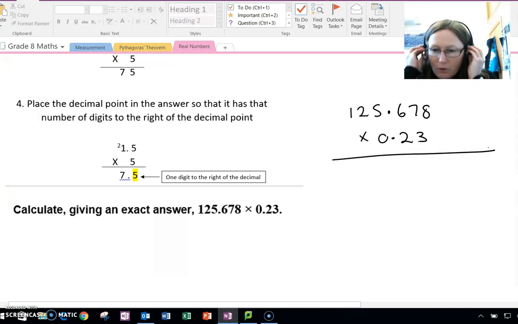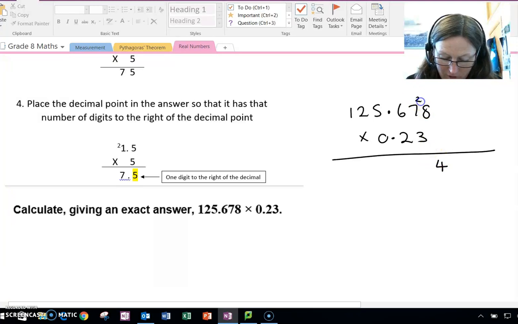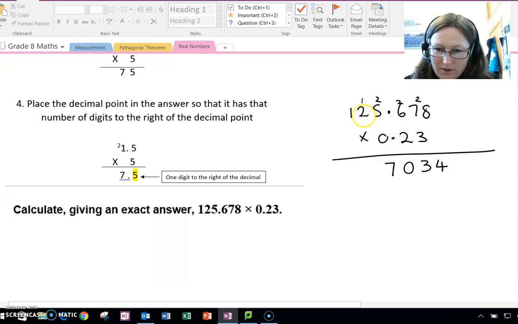So let's do our normal multiplication. 3 8s are 24, put down the 4, carry the 2. 3 7s are 21 plus 2 is 23, put down the 3, carry the 2. 3 6s are 18 plus 2 is 20, put down the 0, carry the 2. 3 5s are 15 plus 2 is 17, put down the 7, carry the 1. 3 2s are 6 plus 1 is 7, 3 1s is 3. Then I put down my 0 and move on to the 2.